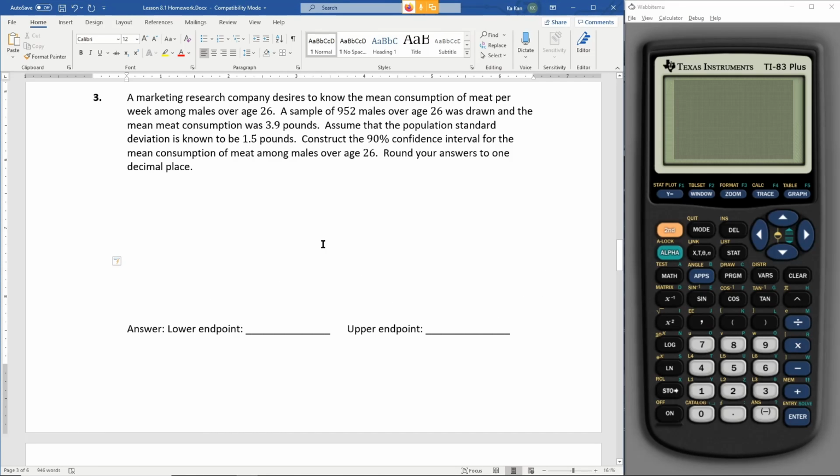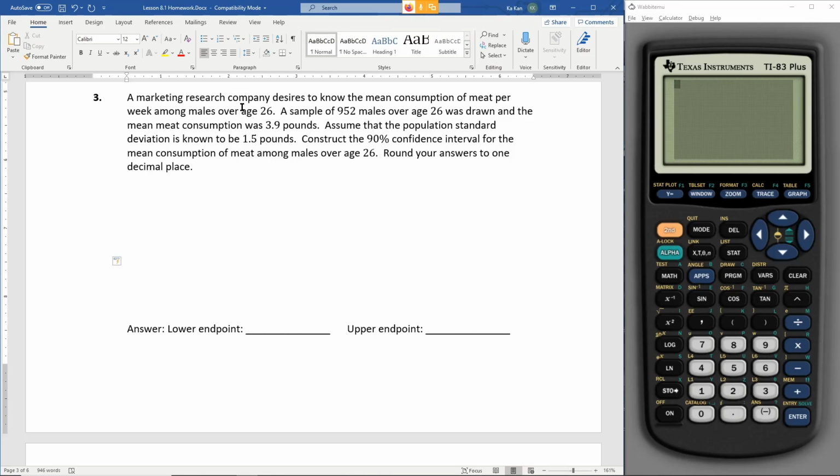So on to the first example that I have prepared here. A marketing research company decides to find the mean consumption of meat per week among males over age 26. Understand that 26 has nothing to do with our particular inputs. It's just people over the age of 26.